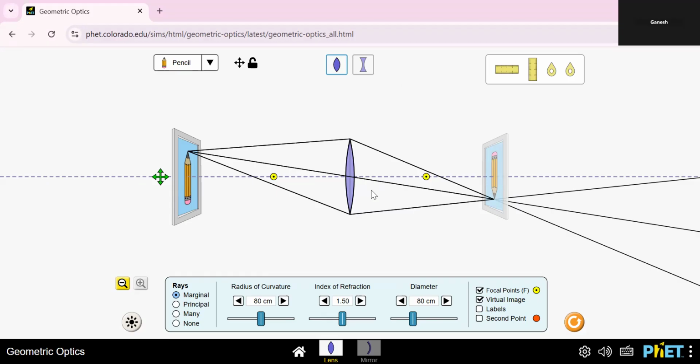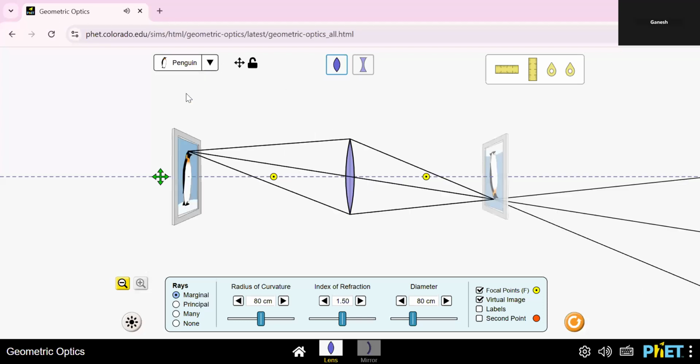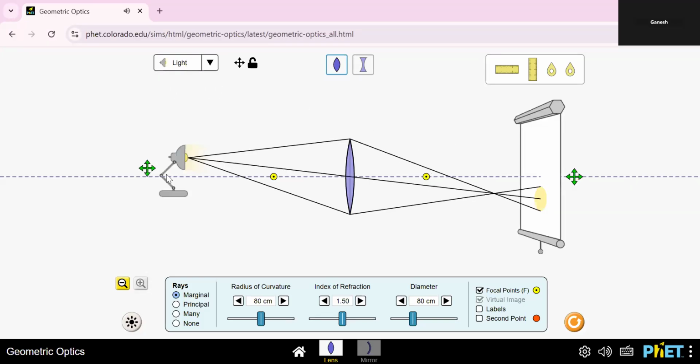There are multiple rays, and different kinds of objects are available: pencil, penguin, star, arrow and light. So this is the arrow, and next one is the penguin picture, and then the light, and how the light is reflected.